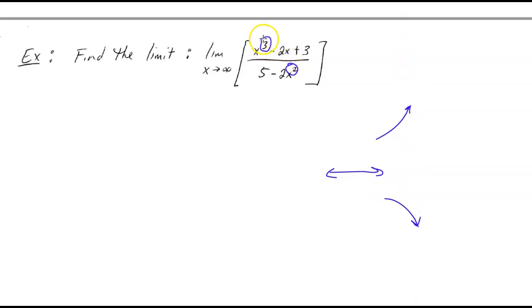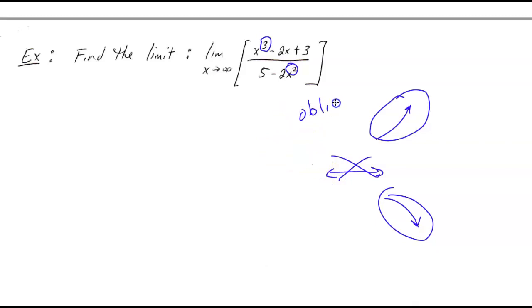And since the degree of the numerator for this rational function is higher than the degree of the denominator, we know that it's going to be one of these two choices here, because we don't have a horizontal asymptote in this case. We end up having what's called an oblique asymptote.